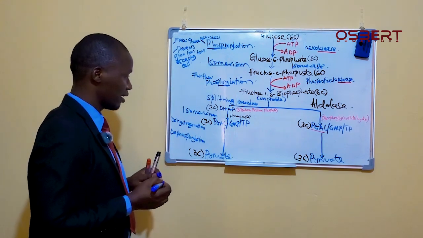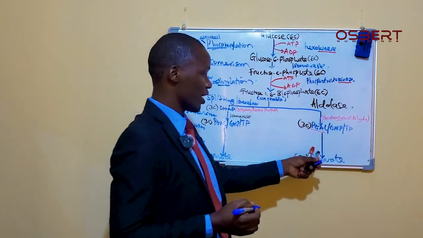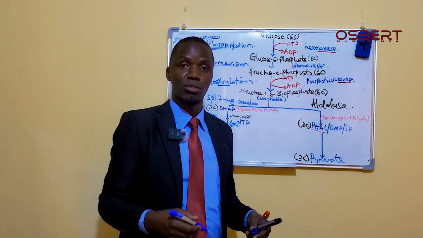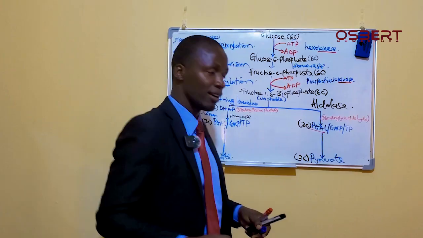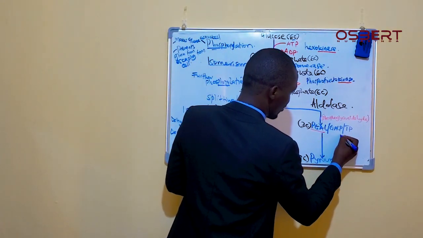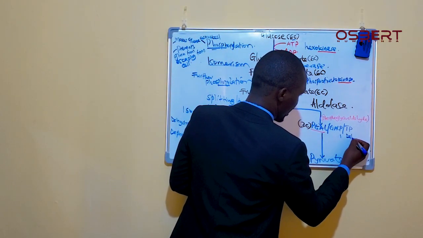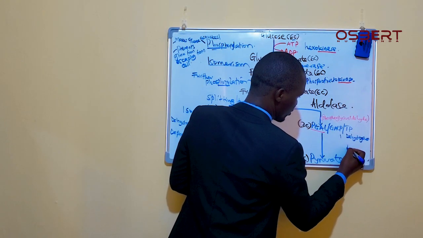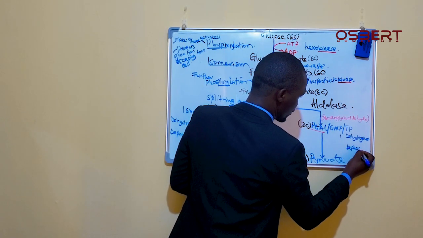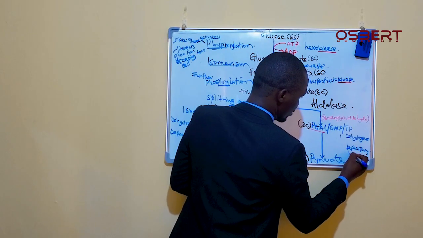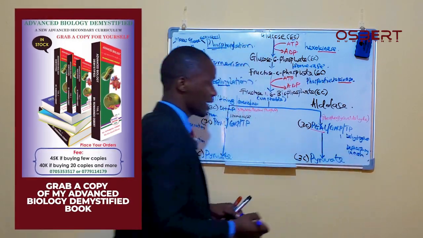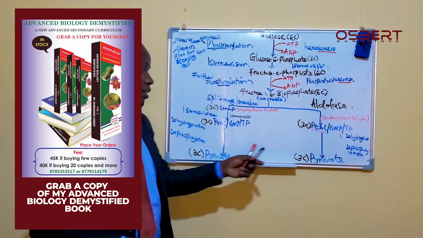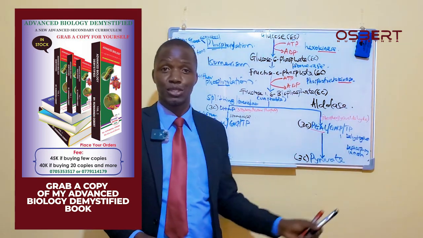What am I saying? I am saying in this series of reactions, many reactions take place, but one of the things involved is dehydrogenation, and the other one is called dephosphorylation. Those are the key processes which take place in this series of reactions here. We have dehydrogenation and dephosphorylation.